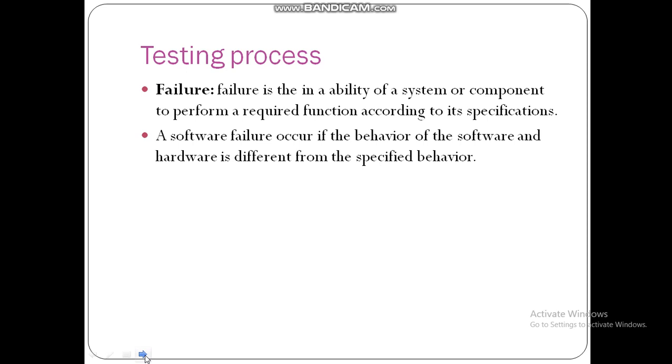A software failure occurs if the behavior of the software or hardware differs from the specified behavior. If hardware devices do not perform their behavior or any faults are raised in the software, those types of problems are called failures.